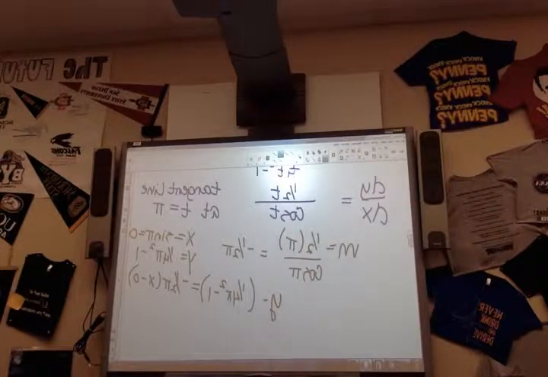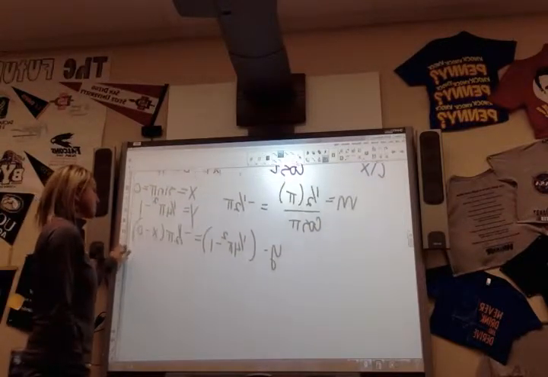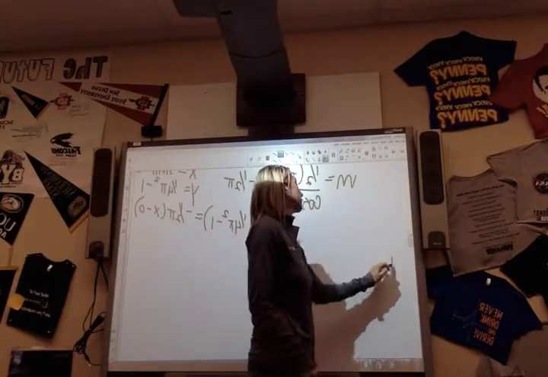Okay, so when they ask you for a tangent line: slope and a point. Slope with our derivative stuff, point with our old parametric work. Okay, so now that's my next question, with the same thing.